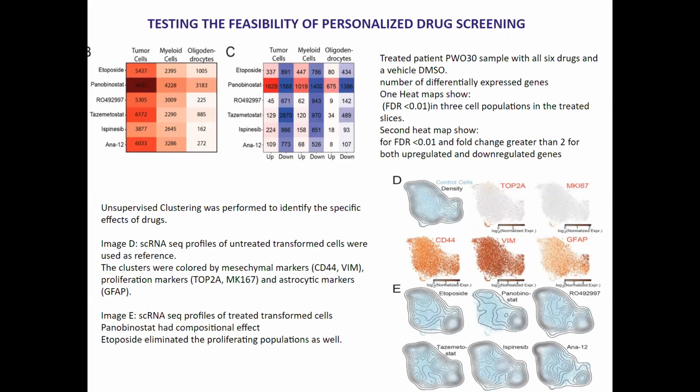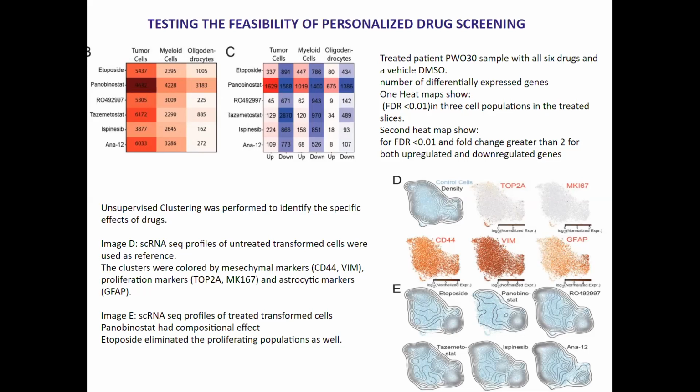They checked for the differentially expressed genes for all the samples that were treated with all the 6 drugs, and they used different fold changes to generate the heat maps.